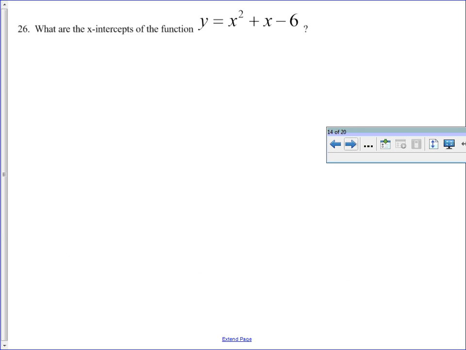All right. What are the y-intercepts of the function y equals x squared plus x minus 6? Well, you can graph that and look at what the y-intercept is. And I'll show you that real quick.